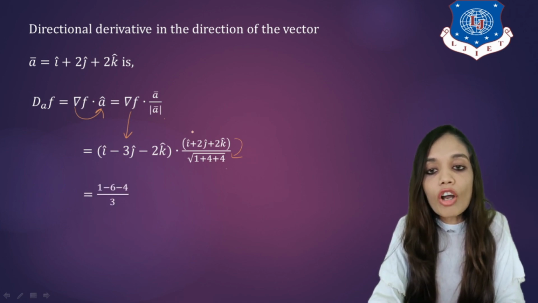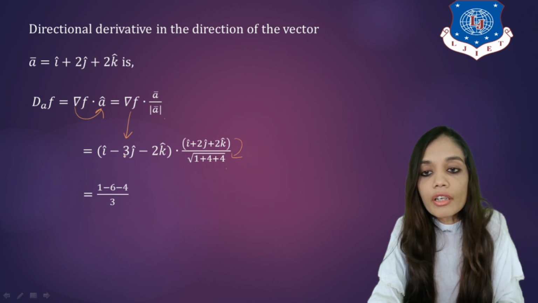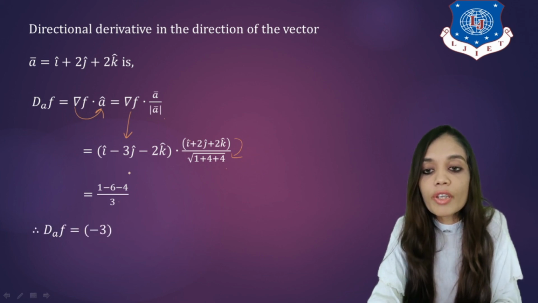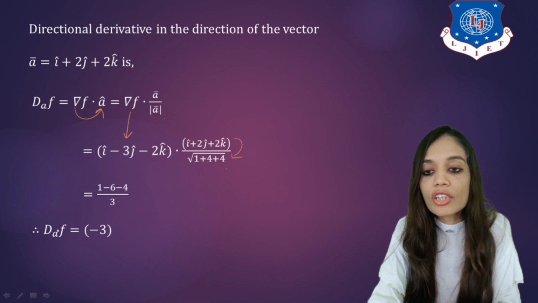Now on doing the dot product, you will get 1 minus 6 minus 4 upon square root of 9, that will be equal to 3. On further simplification, you will get the directional derivative of f in the direction of a as minus 3.